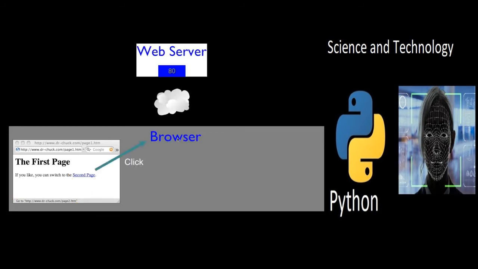This is an application, a process or an app that's running on your computer. This is the browser, okay? And when the browser sees the click inside your computer, the browser makes a connection to port 80 on the web server, drchuck.com, and sends the request.